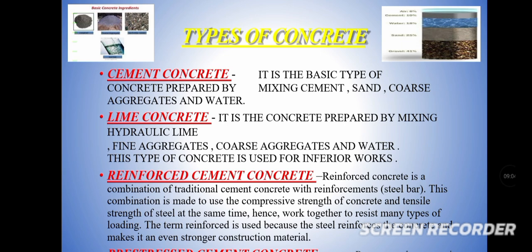Okay. Now what is compressive strength and what is tensile strength? That I will discuss in the next class with elaboration. So in one sentence, if we want to remember about reinforced concrete, it is a concrete which combines both traditional cement concrete with reinforcement steel bar.